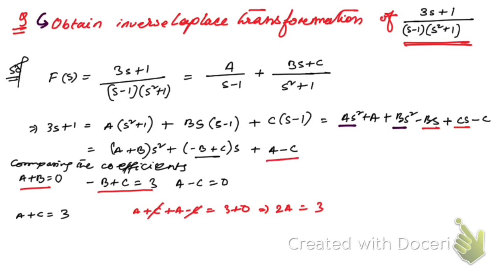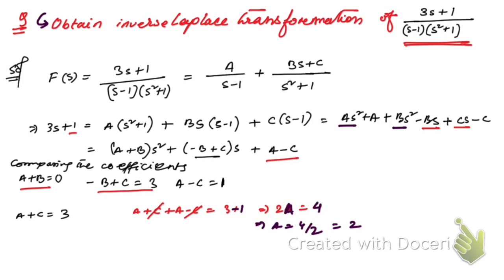Sorry, this constant term was 1, so this is supposed to be 1. If that is the case, then it should be 4. This is twice a. So then a is equal to 4 divided by 2, that is 2, right?